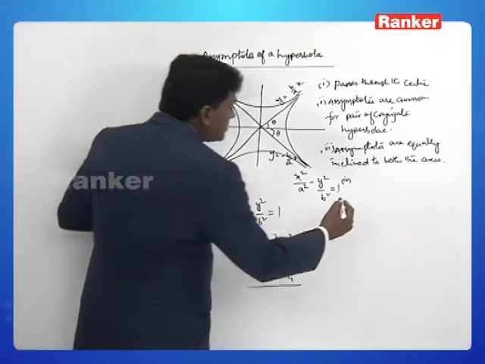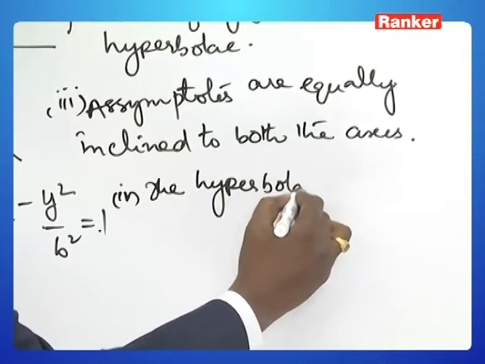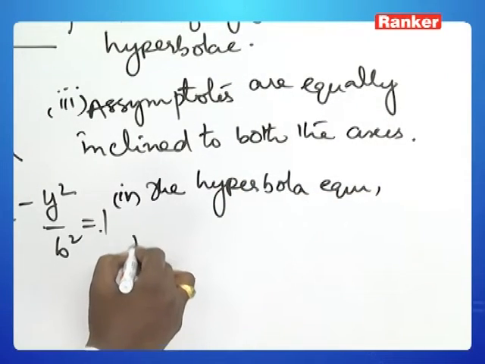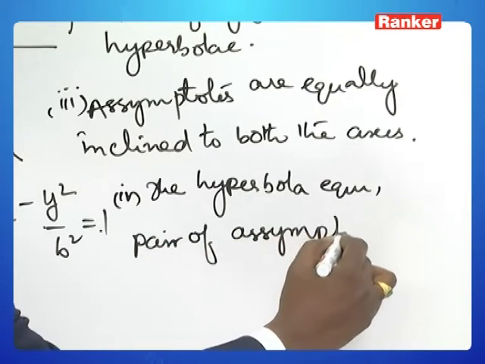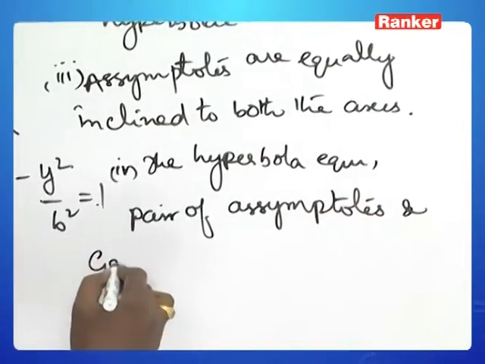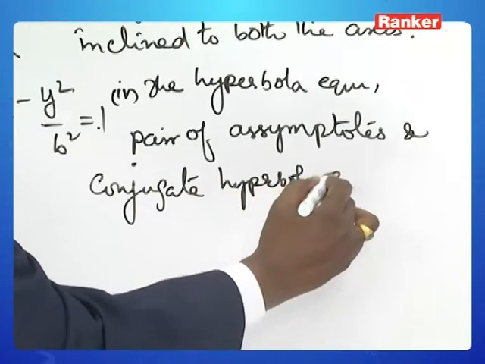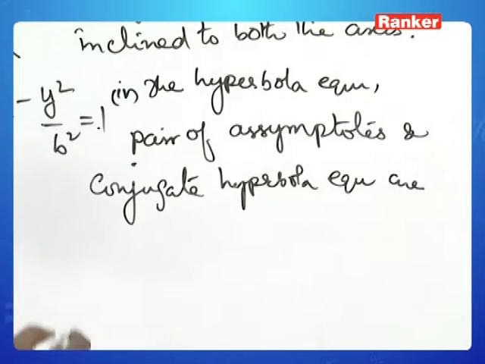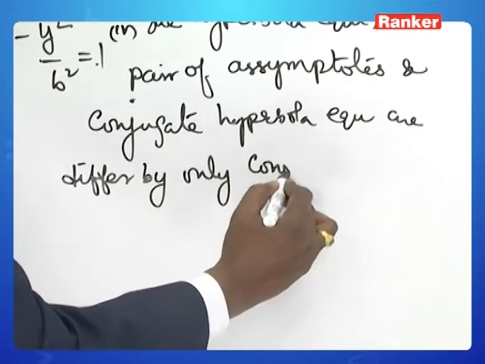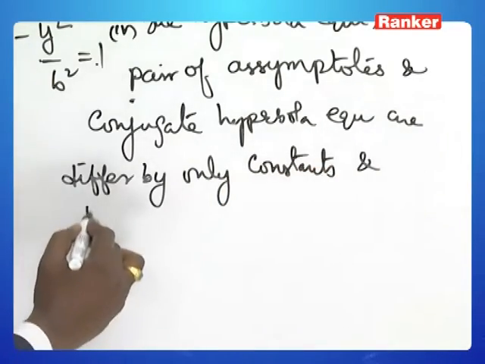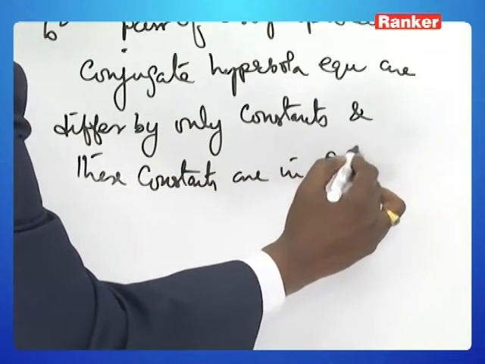Therefore, the fourth point is the hyperbola equation, pair of asymptotes and conjugate hyperbola equation differ by only constants, and these constants are in arithmetic progression always.